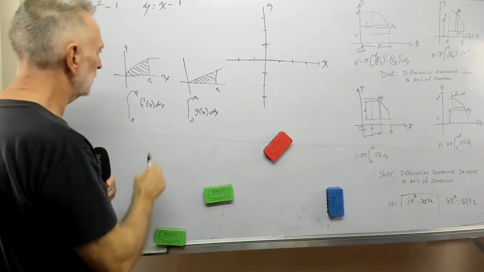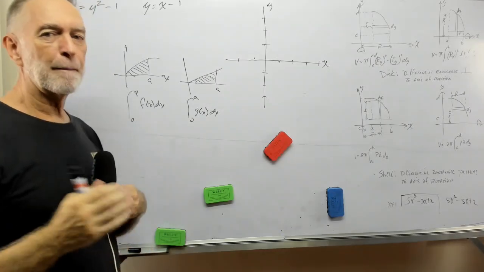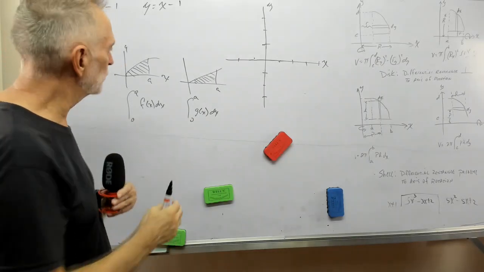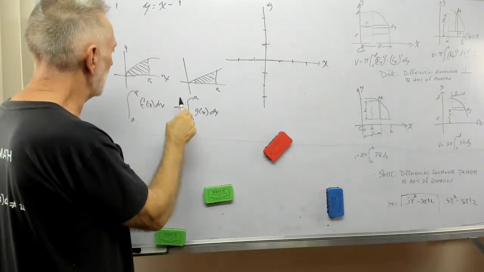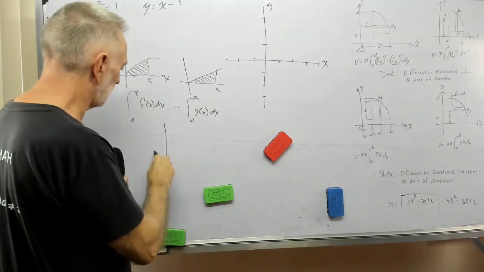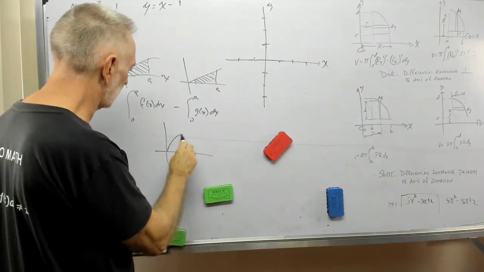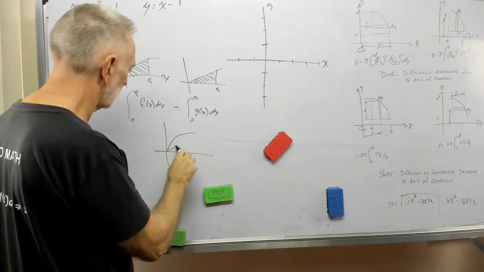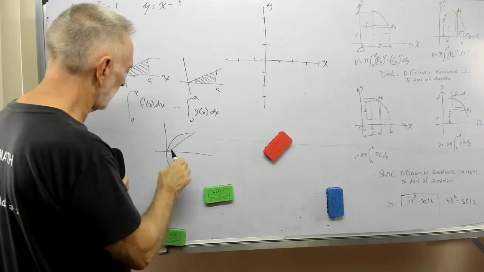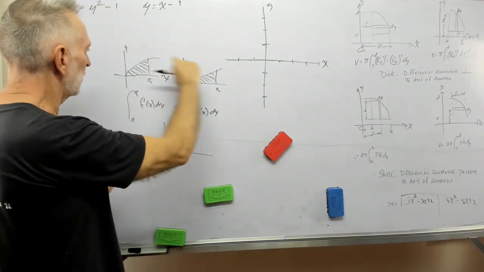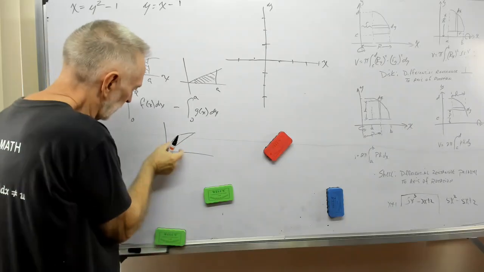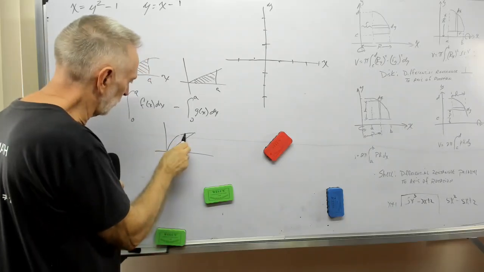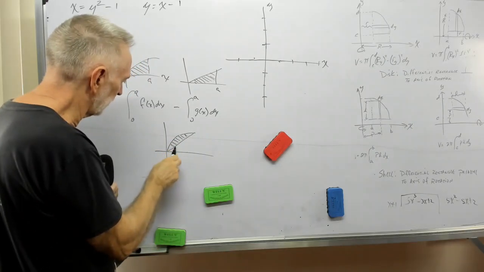But what if I said, what's the area bound by those two curves? So I need to know this area minus that area. If I put those two curves together, one curve like this, the other curve like that, that total area minus that area equals the remaining of what's left.